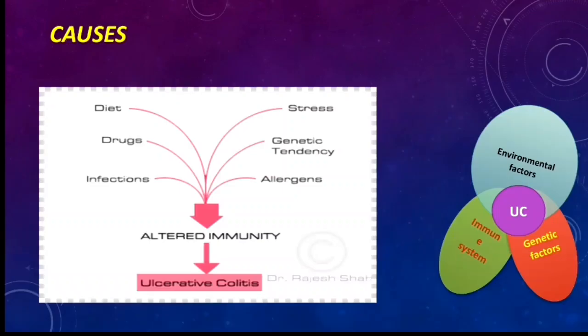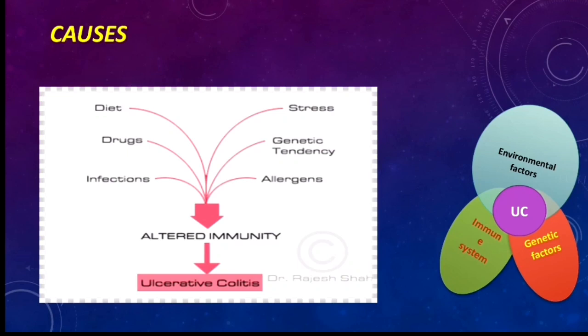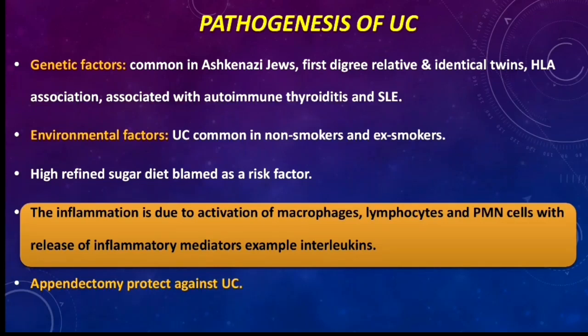Causes of ulcerative colitis. We have firstly triggering factors such as diet, drugs, infections, stress, allergens, with genetic tendency that go for altered immunity and cause ulcerative colitis. So the pathogenesis of ulcerative colitis. We have firstly genetic factors. It is common in Jews, first degree relatives, and identical twins.